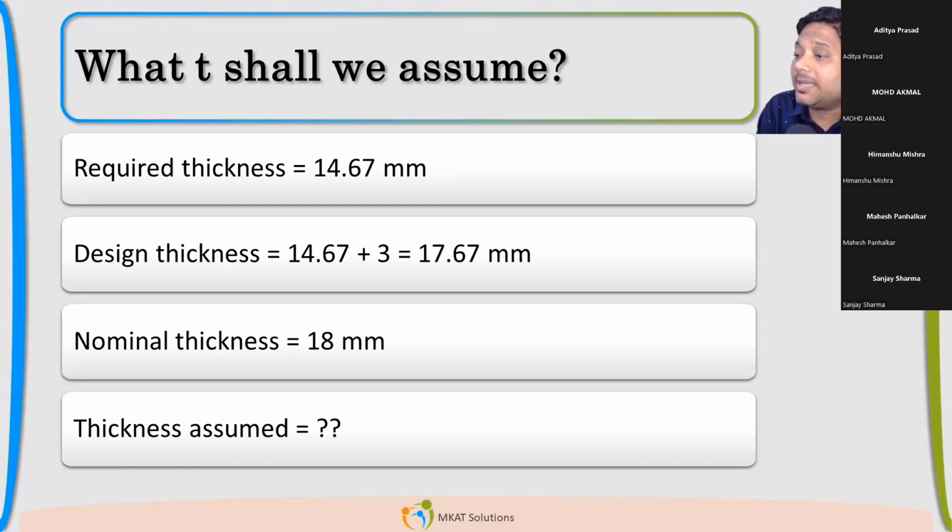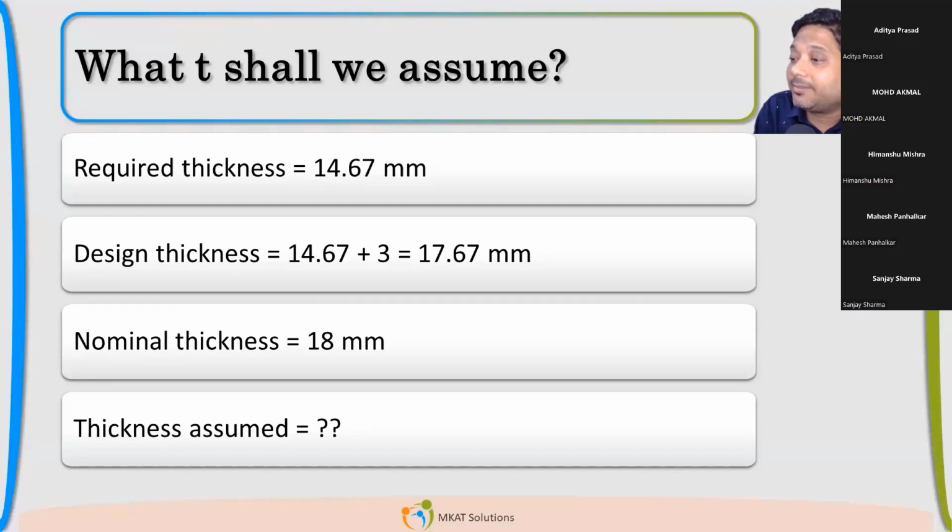Mahendra Singh is saying 16 mm. Sanjay ji is saying 15. Munendra is saying 15. Come on, guys. Mahendra is saying after removing corrosion, but Mahendra, your answer was 16. If I took 18 mm as nominal and removed 3 mm corrosion allowance, I'll get 15 mm.